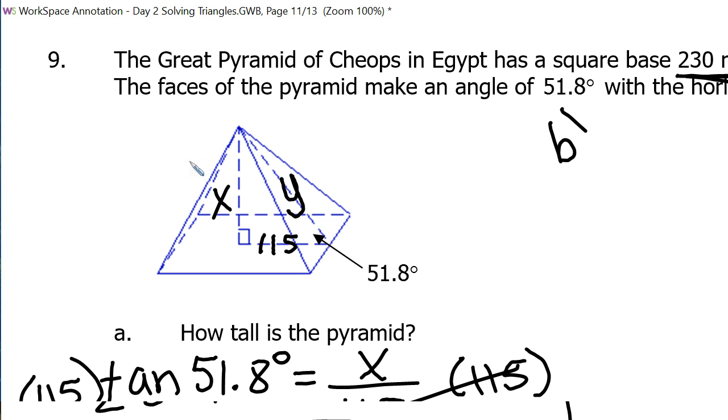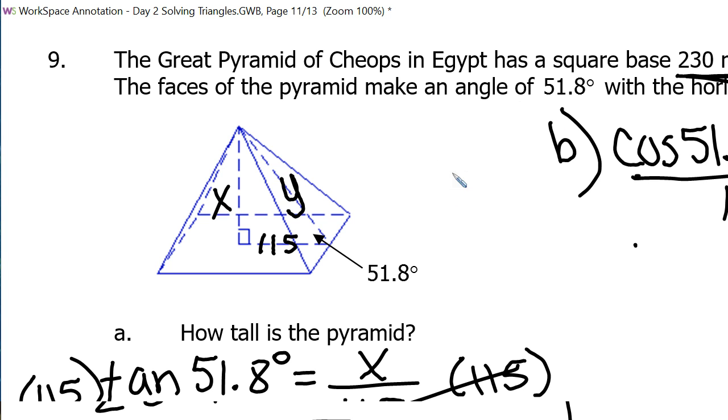Okay, solving this one. Looking at the given angle, we have the adjacent side and the hypotenuse, so we'll have to use cosine. So cosine of 51.8 degrees is equal to adjacent, which is 115, over hypotenuse, which I labeled as y. And if you change it to a proportion, you can cross multiply. So this would be y times the cosine of 51.8 degrees is equal to 115.